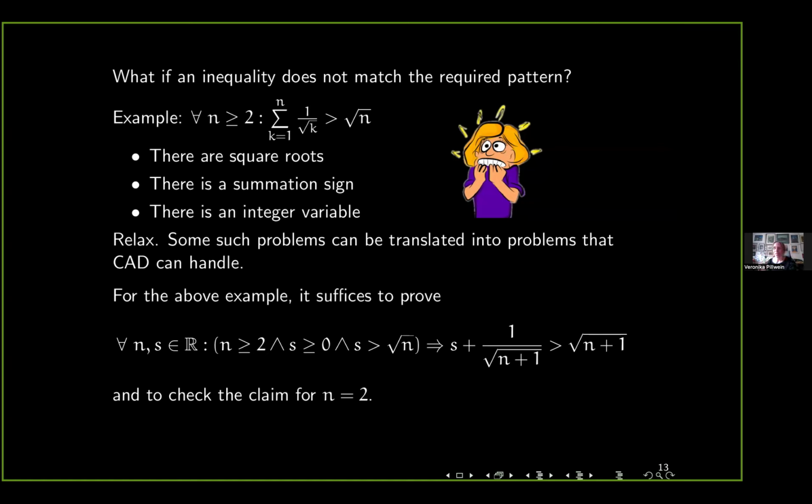You can still apply CAD, and in certain cases it helps solving a problem. The example that he gives here is an inequality: for all n greater or equal to 2, show that this inequality holds. There are square roots there that are not polynomials, there's a summation sign, and there's an integer variable.